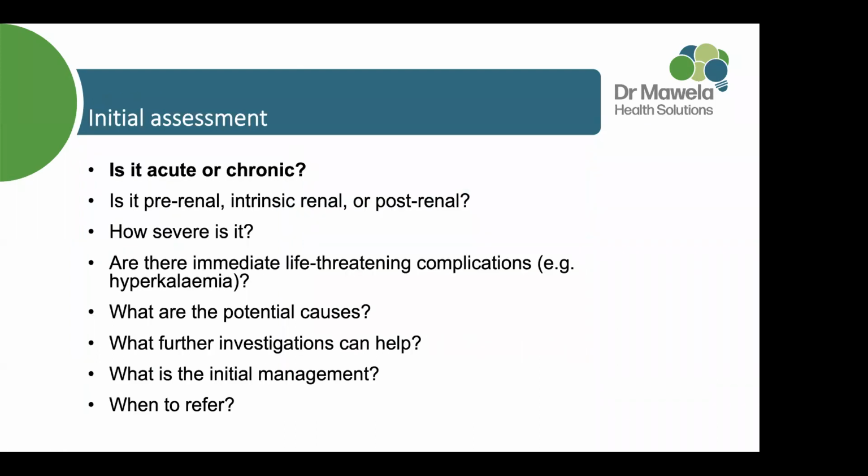So your initial assessment is made up of these 8 or so steps, right? We need to say, are we dealing with an acute or a chronic problem? And then where is the problem? Is this pre-renal? Are we talking about something in the kidneys or post-renal? And then how bad it is, because remember the severity determines whether you are admitting, whether your patient needs dialysis, and so on.